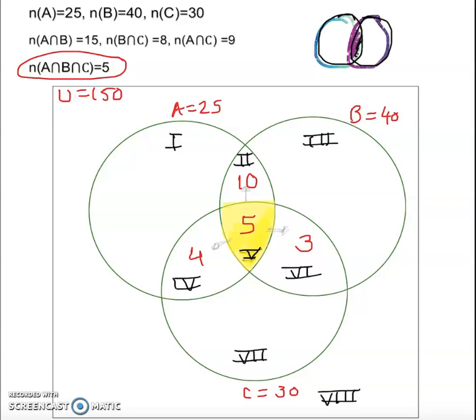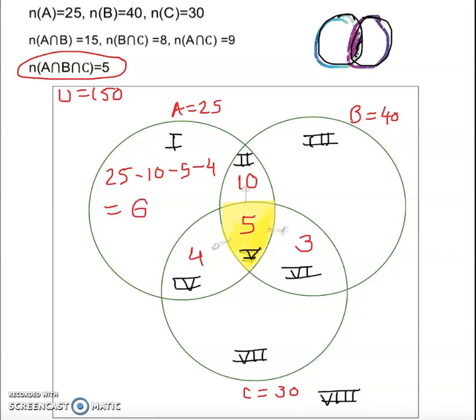So let's do this: 25 minus 10 minus 5 minus 4. Or you can add all those, it's up to you. Take any calculator and just do the subtraction here. In this case, that would give you 6. I already mentioned earlier, 6.